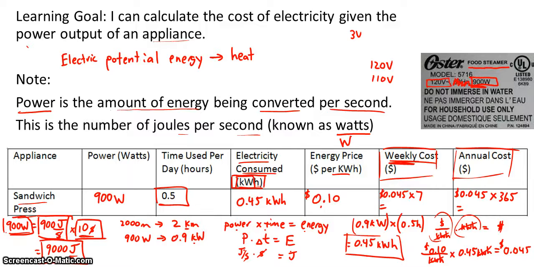So this is only going to cost me about 32 cents for the week, and for the year it's only going to cost about $16.43. So not too much money. So that's pretty good.